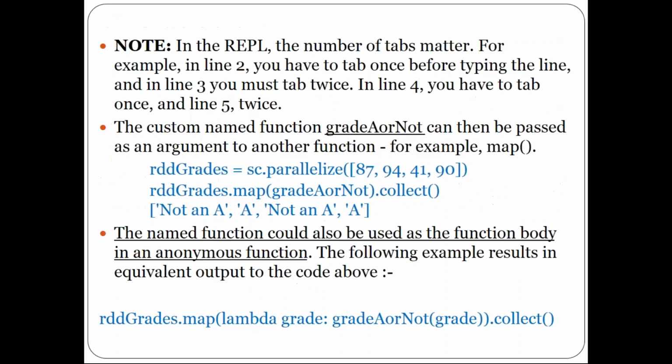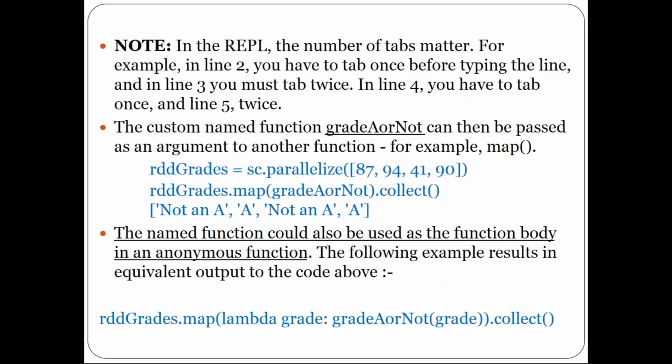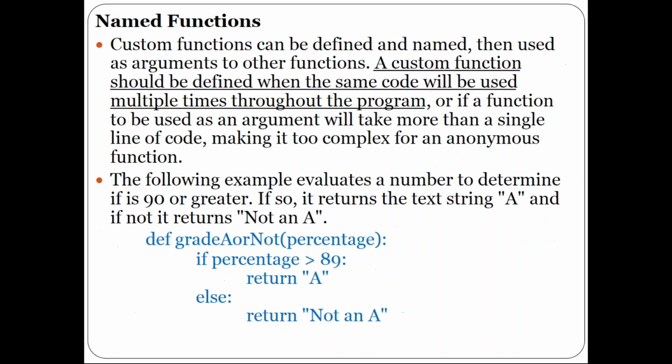This slide is clear to everyone? Now see here, we are done with the named functions. Note, in read, evaluate, print and loop, the number of tabs matter. This number of tabs is nothing but, see, let me show that now. There is no tab, one tab, two tabs, one tab, two tabs.